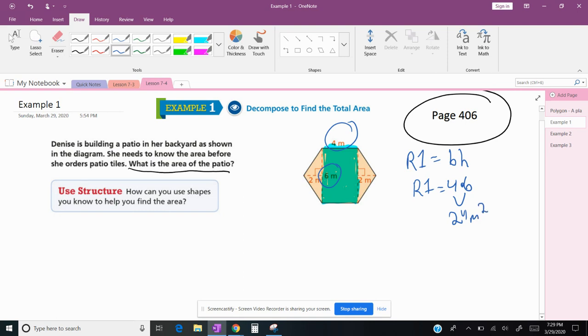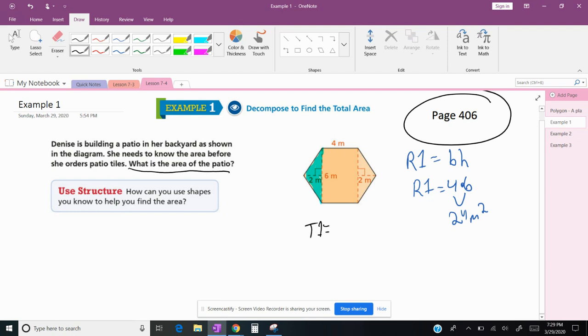But now I also have two triangles. Luckily for me, these triangles are exactly the same size. So once I find the area of one of them, I'll know the area for the other one as well. For triangles, we have to remember the formula. I'll just call it triangle 1.